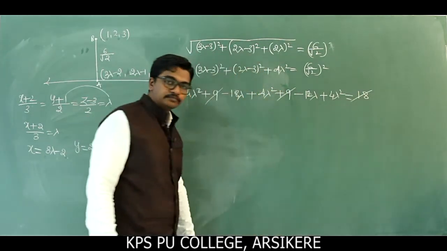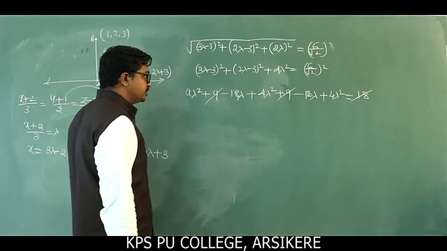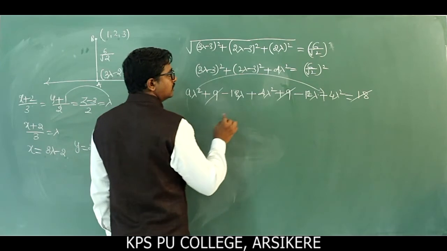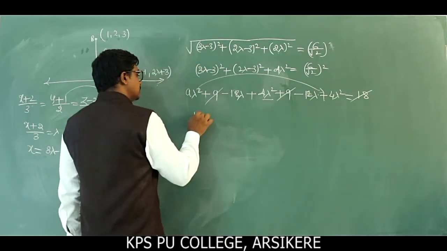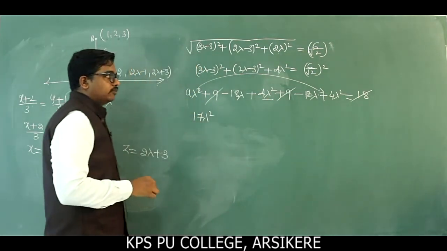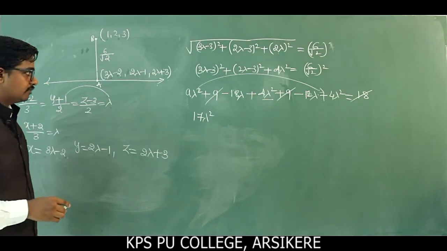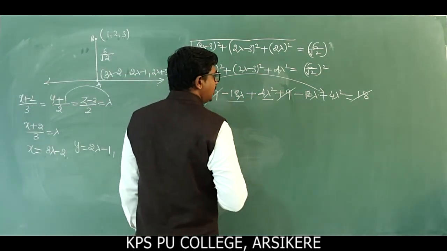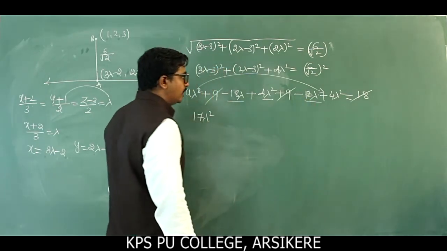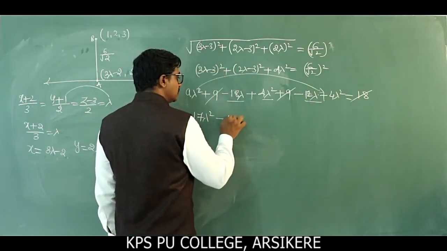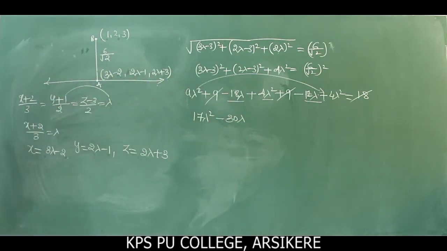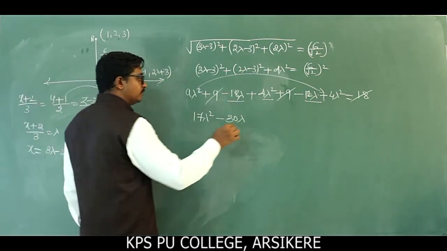The remaining: 9 lambda square plus 4 lambda square plus 4 lambda square, that becomes 17 lambda square, and the remaining terms are minus 18 lambda minus 12 lambda, that becomes minus 30 lambda, so 17 lambda square minus 30 lambda is equal to 0.